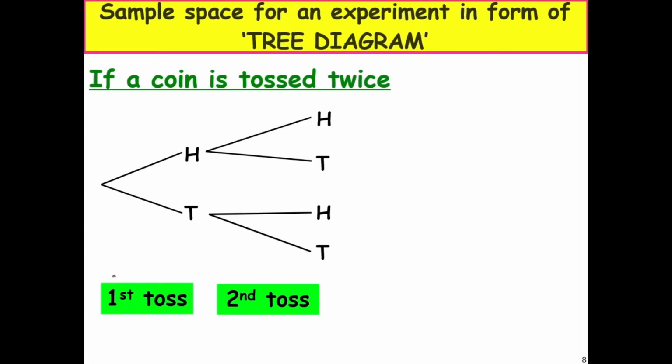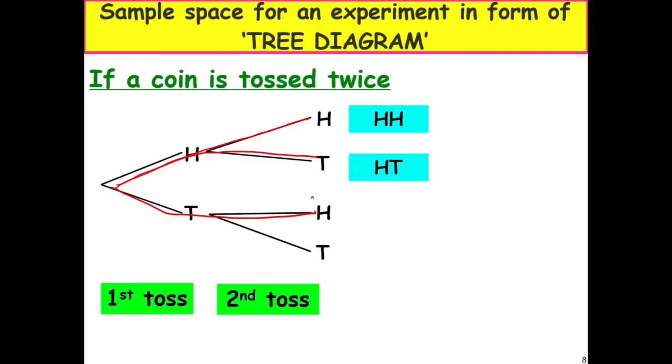So, if we go in this direction, the first outcome is head and then head. If we go in this direction, the second outcome is head and then tail. If we go this direction, the third outcome is tail and then head.